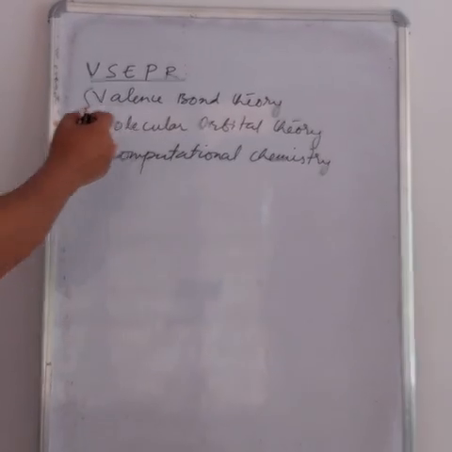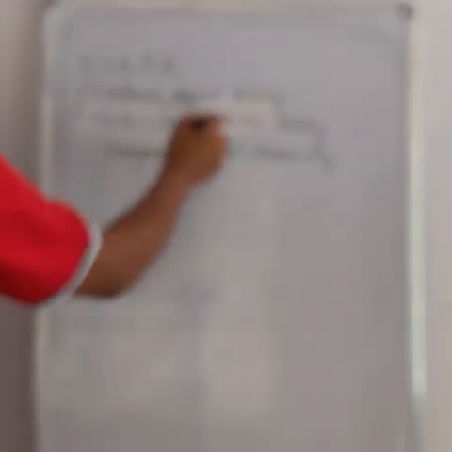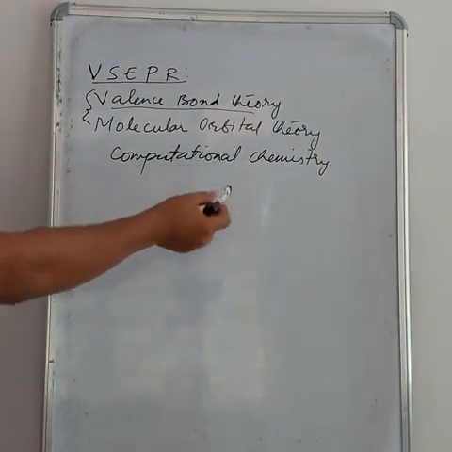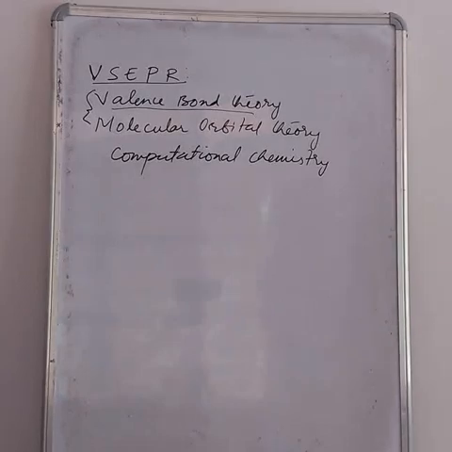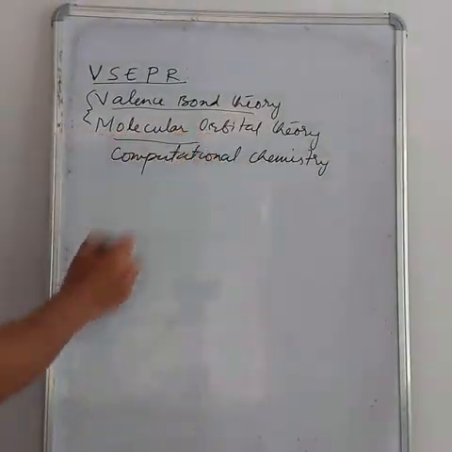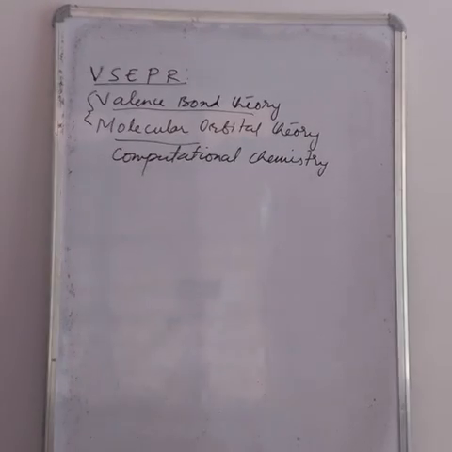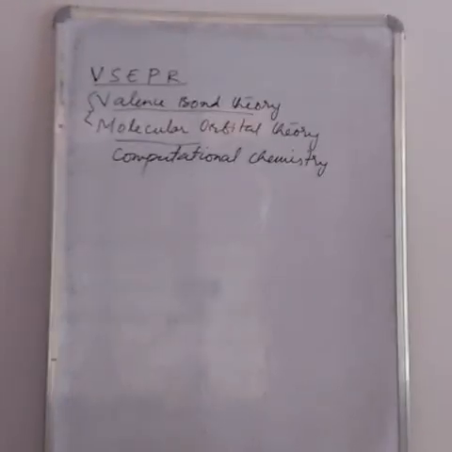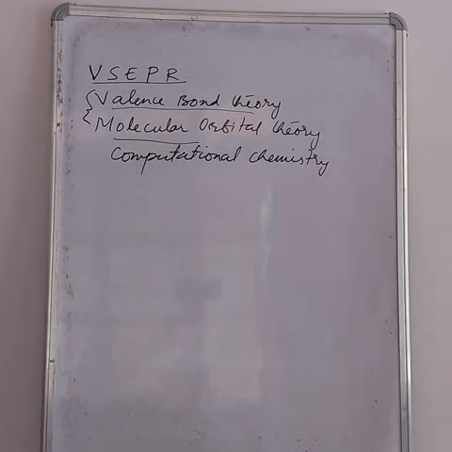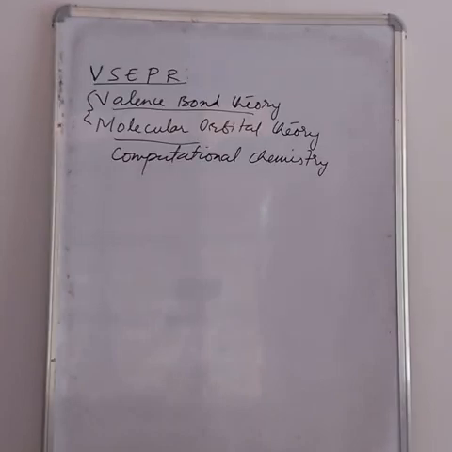Of course, these days we no longer use valence bond theory in computational work because there are so many limitations. So we have adopted another theory, which is molecular orbital theory. That's the thing I wanted to tell you before we start valence bond theory.